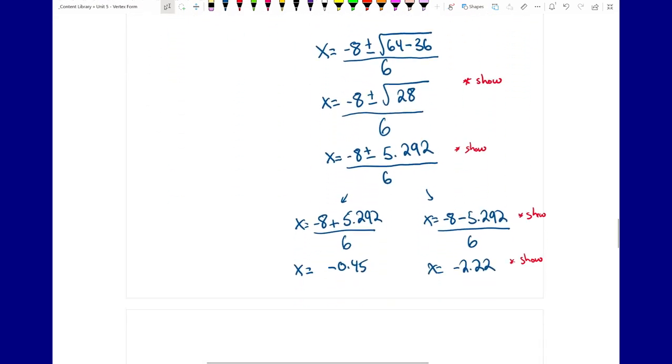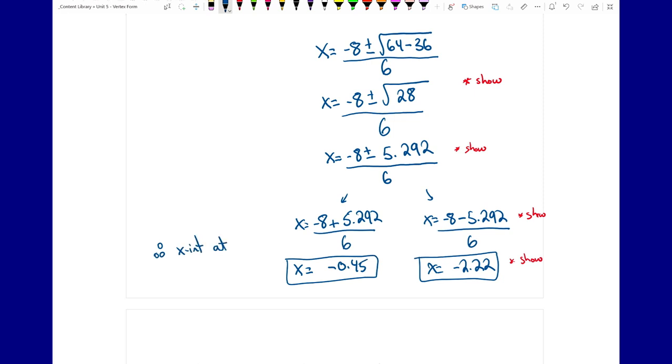So we found our two solutions at the end. So therefore, there are x-intercepts at negative 0.45 and negative 2.22. So we have two solutions, two x-intercepts for this.